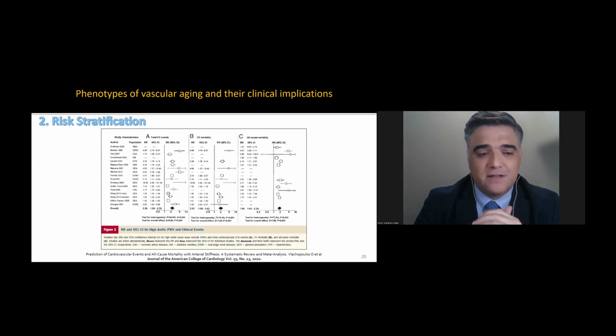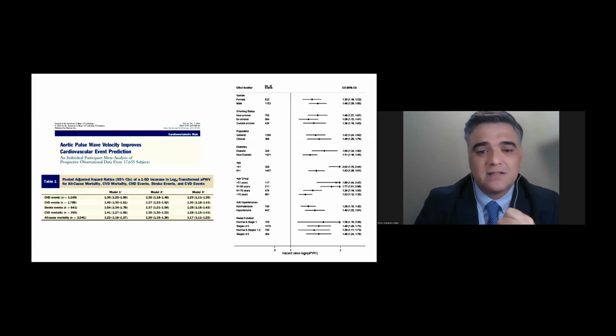So different phenotypes can also be used in different risk stratifications, especially because of the knowledge we've accrued pertaining to pulse wave velocity. We know that it is an independent cardiovascular risk marker for cardiovascular disease and cardiovascular mortality.